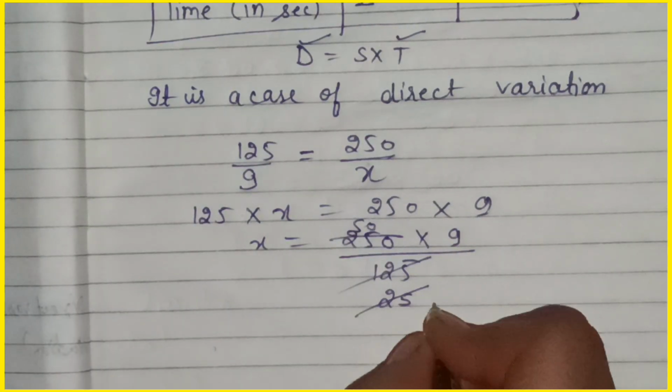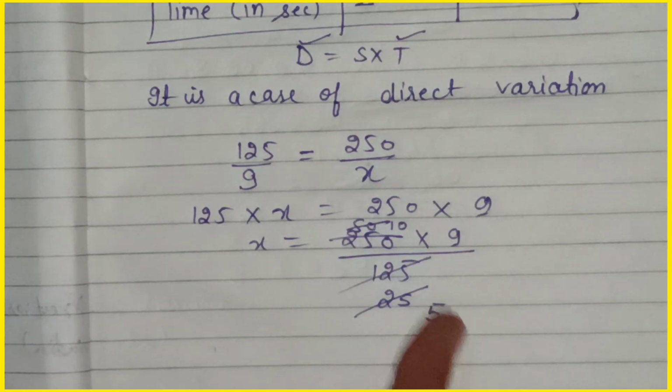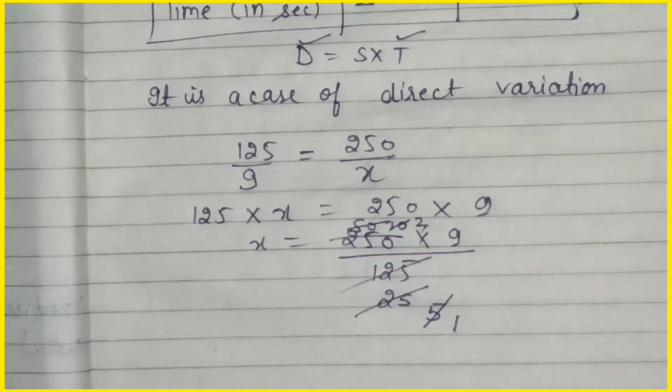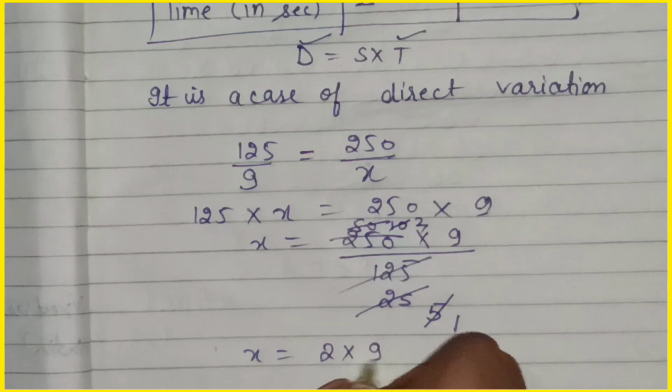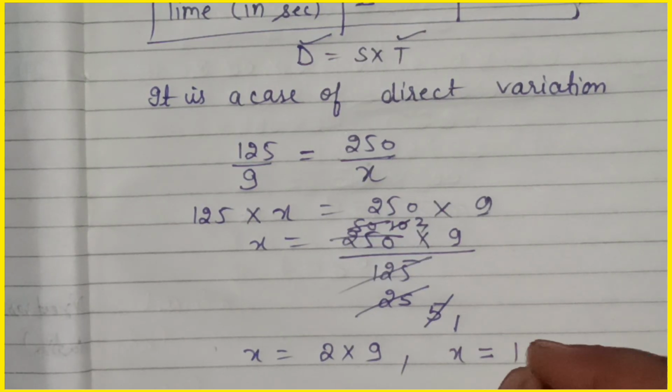So x is equal to 2 multiplied by 9, and x is equal to 2 9s are 18 seconds.